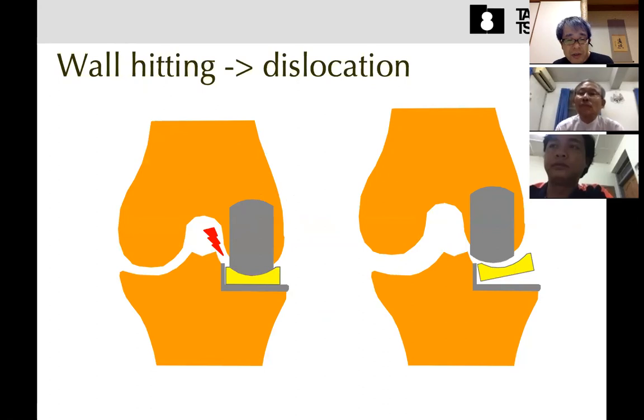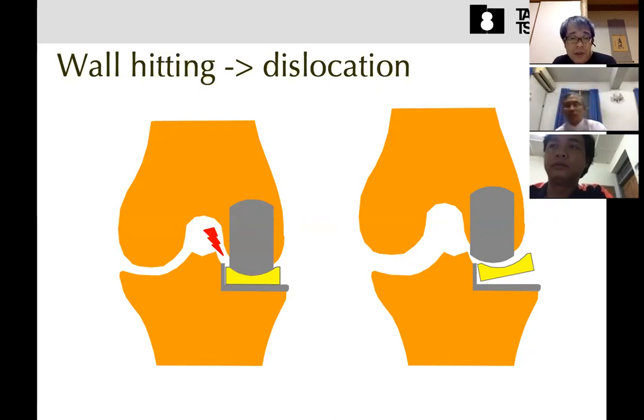So in other words, the relationship between the tibia tray and the femur component is very important because the bearing will move completely passively according to the movement of the femur component because this is the perfect configuration, articulation between the femur bone and the bearing, just like the THA.